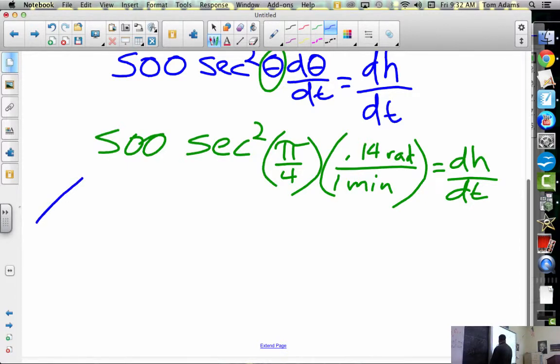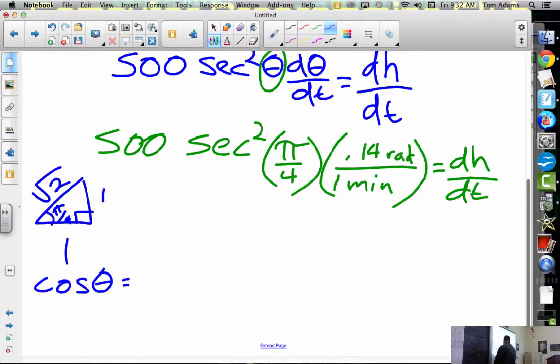if I have my 45-45 or pi over 4 triangle, I've got 1, 1, root 2. And so, since secant is the reciprocal of cosine, let's figure out what cosine is. Well, cosine of theta is equal to the adjacent over the hypotenuse, which is 1 over root 2 or root 2 over 2.